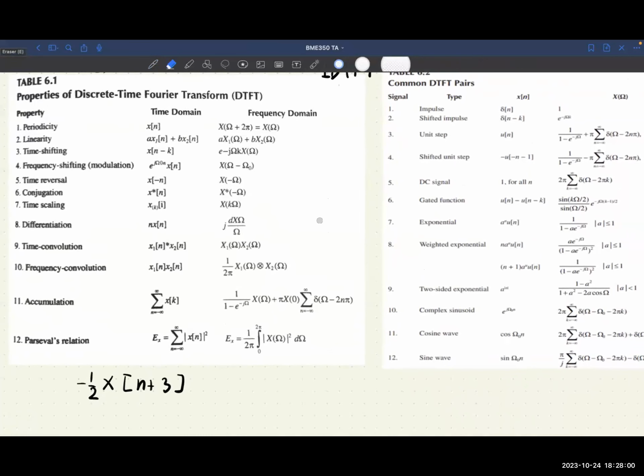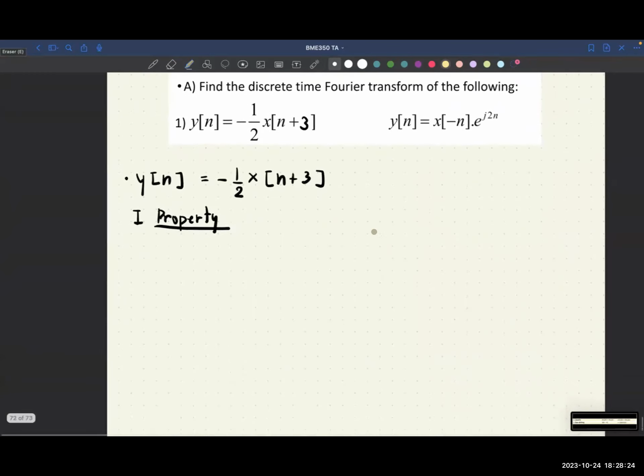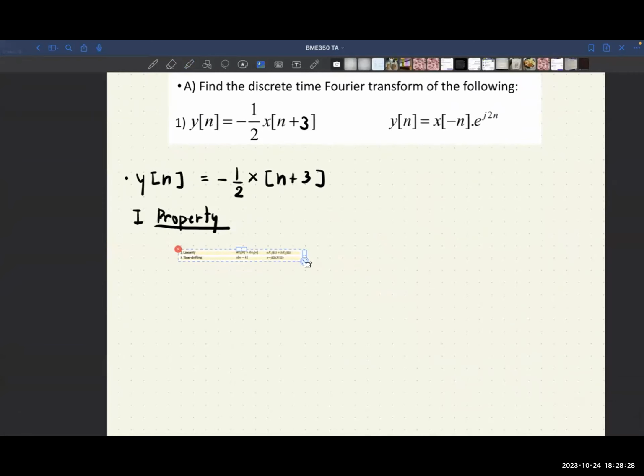Anyone would like to try? Linearity. Yes, thank you, linearity. We need linearity for this question. And what else? Time shifting. Yes, time shifting. Thank you so much. Okay, I'm going to take note of these two properties.